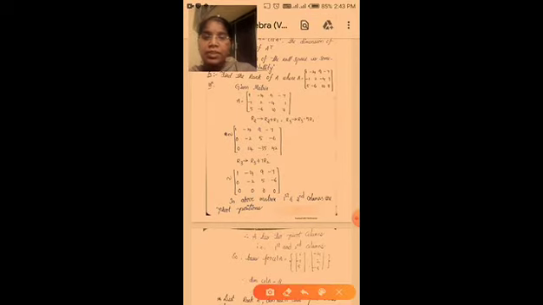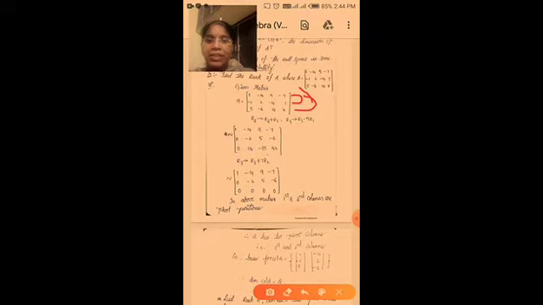Here we have to add the first row and second row, and subtract 5R1 from R3. First row stays the same: 1, -4, 9, -7.